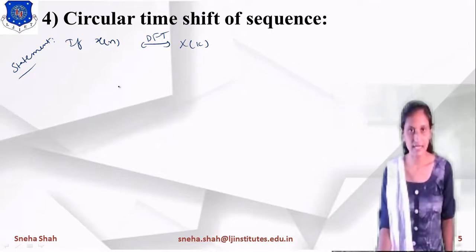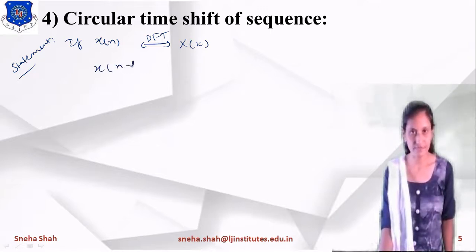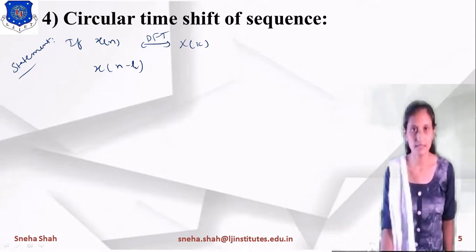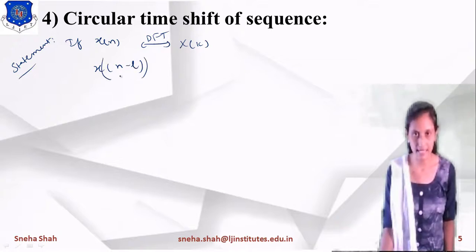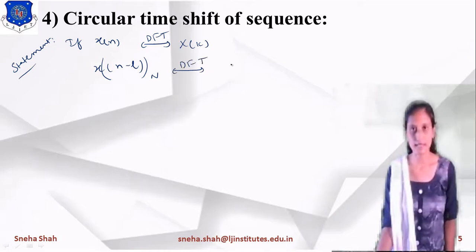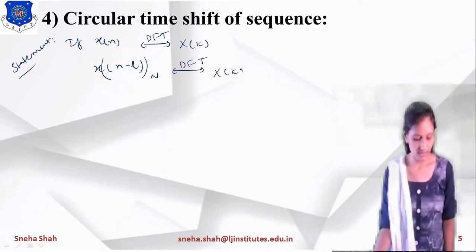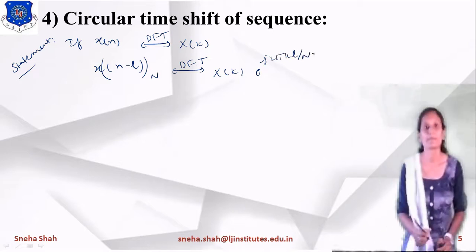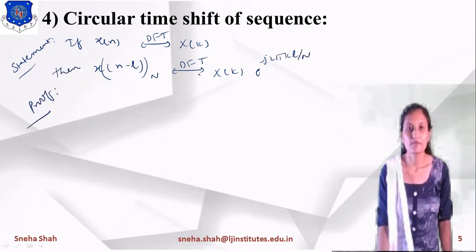Then x of n minus l, shifted by l number of samples and repeating after n number of samples, has DFT equal to x of k into e raised to minus j 2 pi kl by capital N. To prove this, we start with the equation of IDFT.